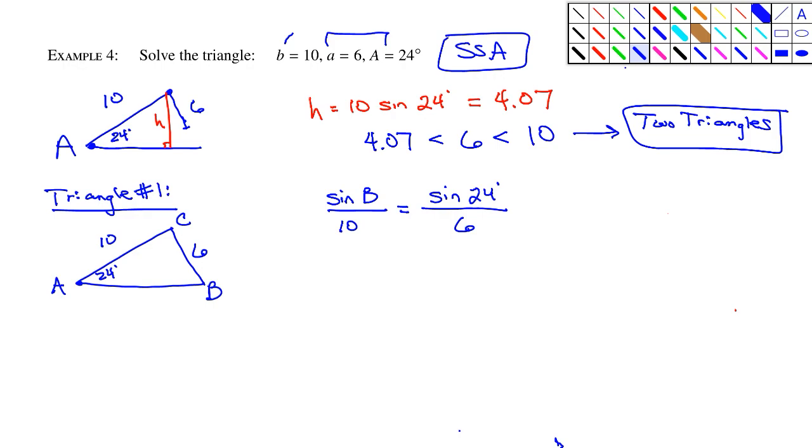To solve this, cross multiply. We get 6 times the sine of B is equal to 10 times the sine of 24 degrees. Divide both sides by 6. We get the sine of B is equal to 10 sine of 24 degrees divided by 6.